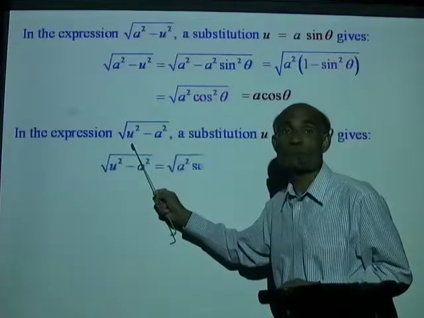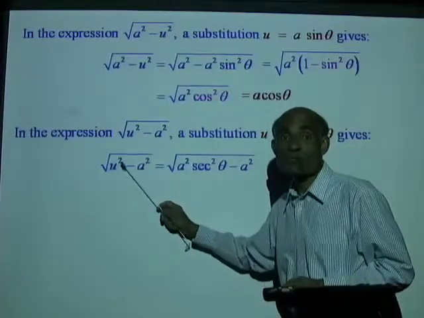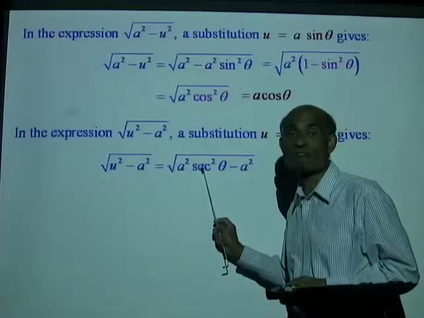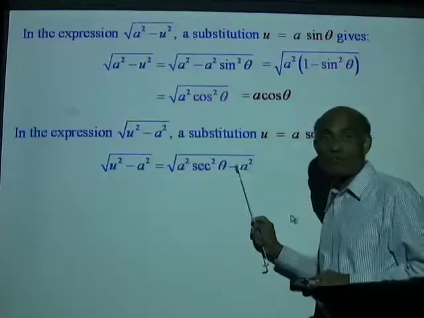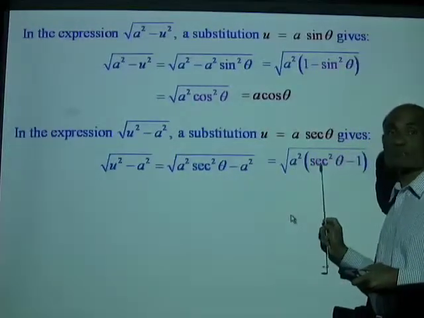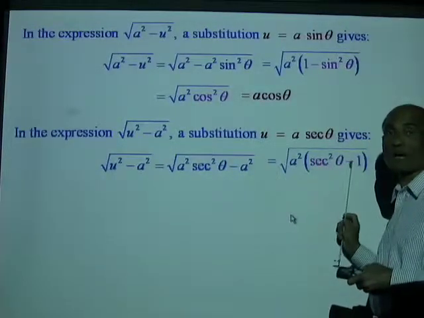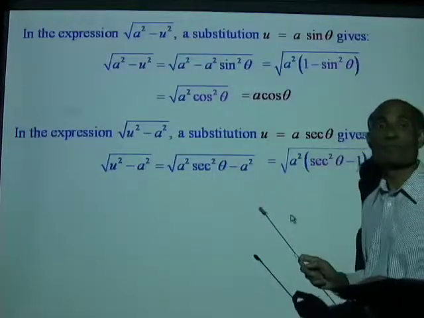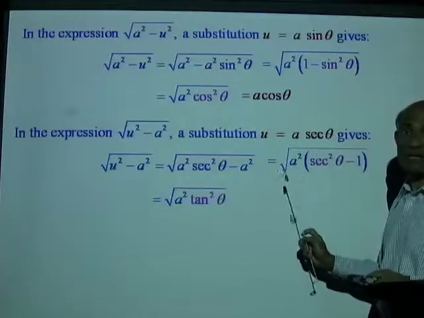What will that become? u squared becomes a squared secant squared theta. Factor out the a squared. That gives you a squared times secant squared theta minus 1. What is secant squared theta minus 1? It is equal to tan squared theta.